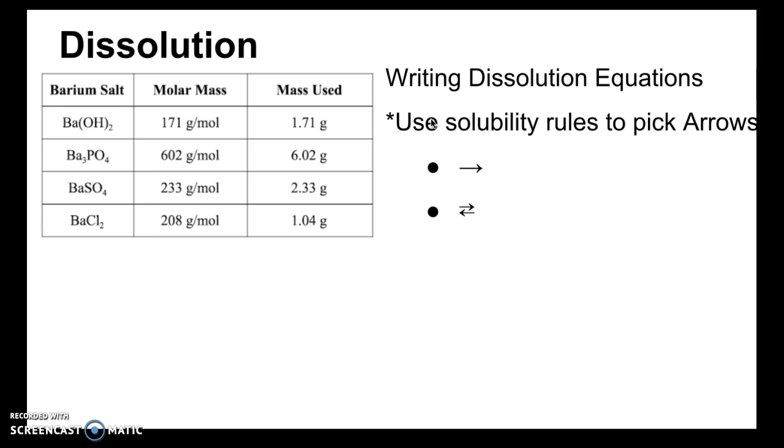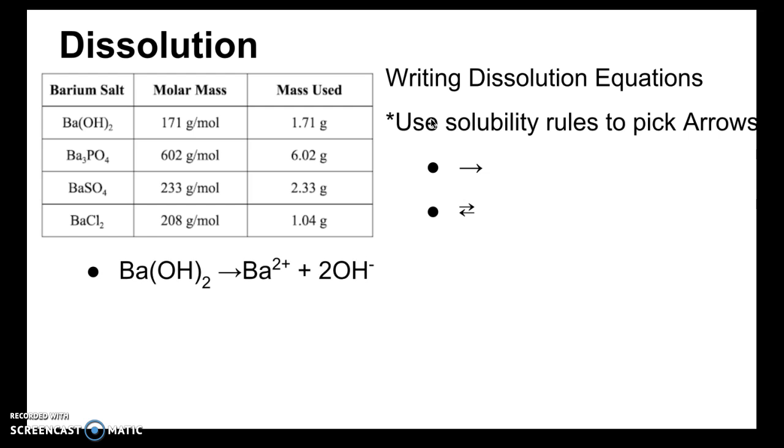Take a moment now to pause the video, and write the dissolution equations for these 4 salts. Your arrows should also be correct, so you want to consider solubility rules. When you press play again, the dissolution equations will be shown.